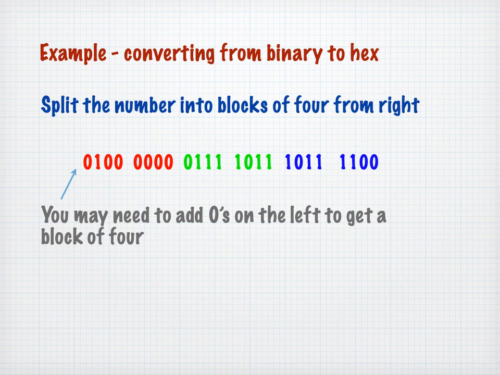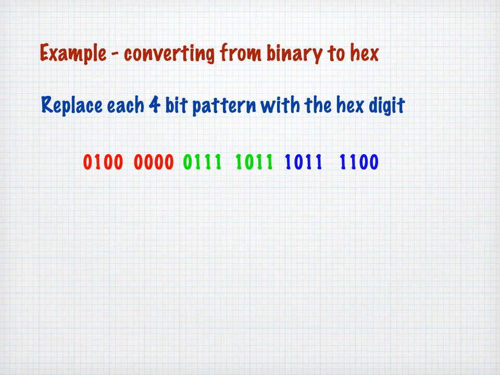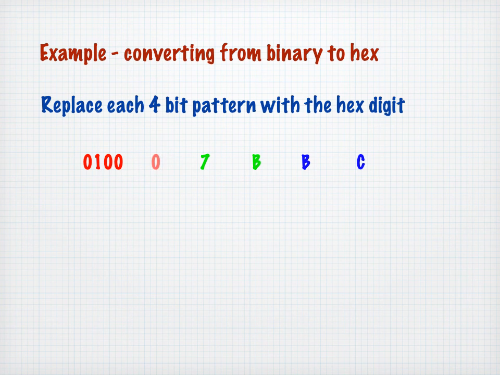And all we do is we replace each 4-bit pattern with the hex digit that comes from that table. So we would simply go through and each one is replaced with the digit. So 0111 is a 7, 0000 is a 0, 0100 is a 4, just like that.